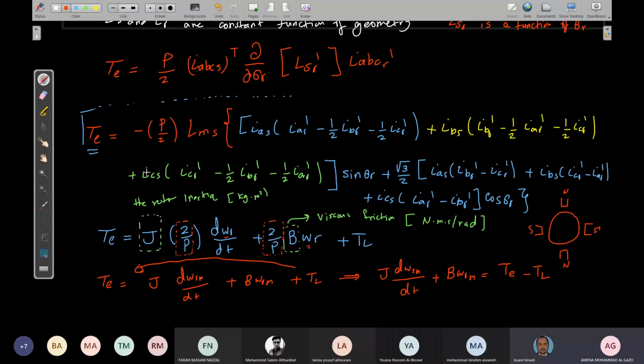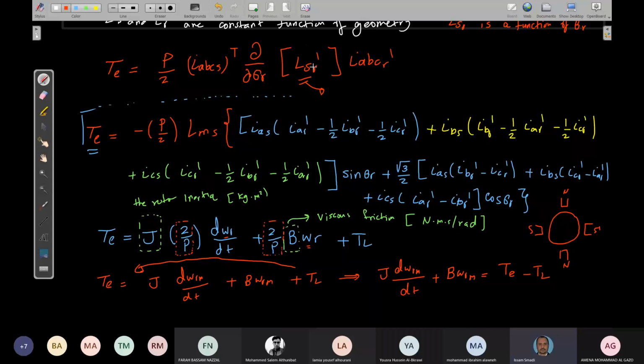If you notice, the most difficult thing is that this one was not constant, it was a function of time. If you have a matrix that is a function of time in the system, this will be called a time varying system. In general, we have linear and nonlinear systems, also linear time varying and linear time invariant, and the same for nonlinear systems.